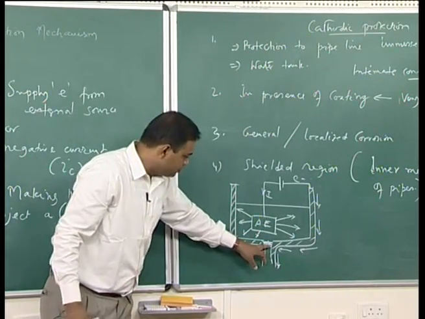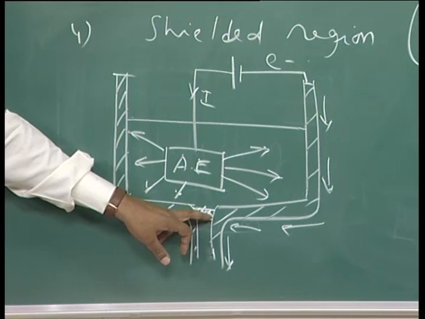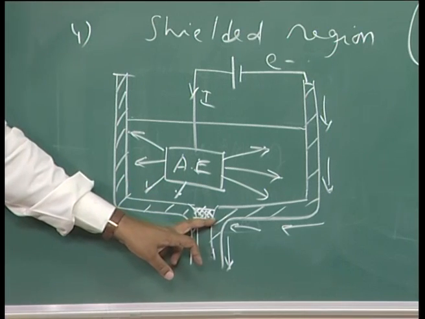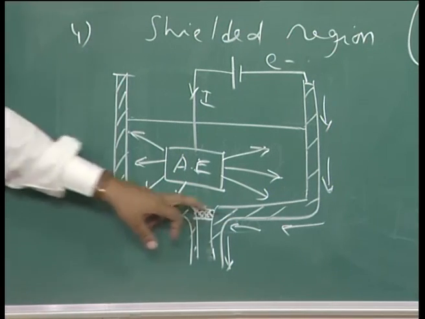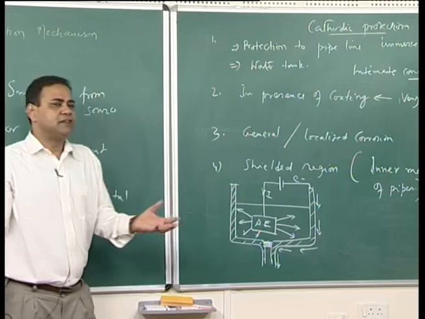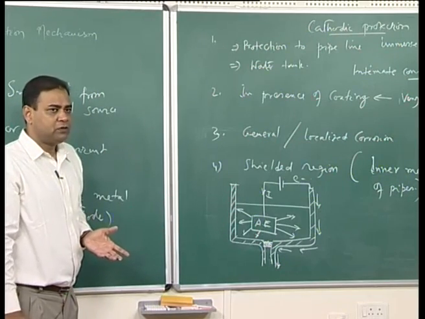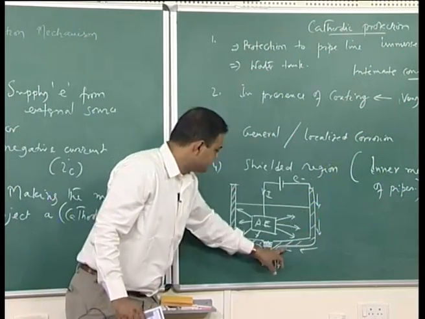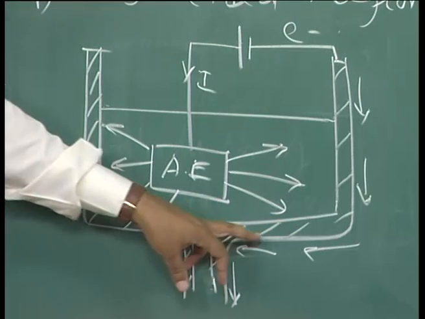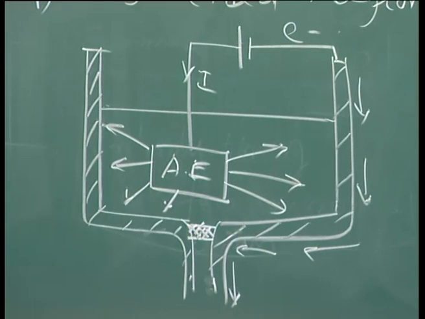But since we have put a metallic stopper, we are basically short circuiting these two parts, and the metallic stopper gives very little resistance for electron flow. So, instead of taking this path which has a higher resistance, the electrons will take the least resistance path, which is nothing but the stopper.